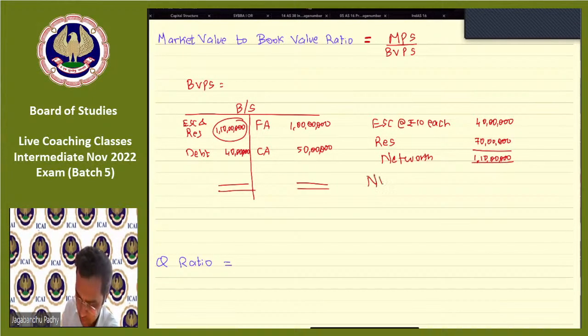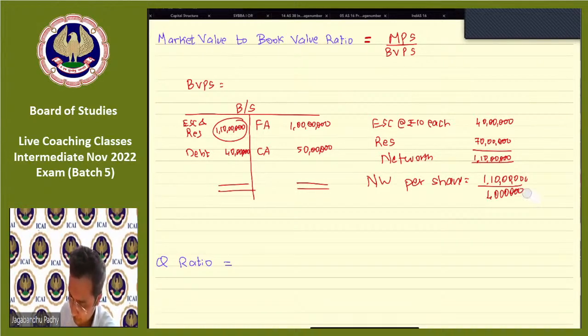And if I ask you, what is net worth per share? Can I say, sir, it is 1 crore 10 lakh divided by 4 lakh. Net worth per share is 1 crore 10 lakh divided by 4 lakh.